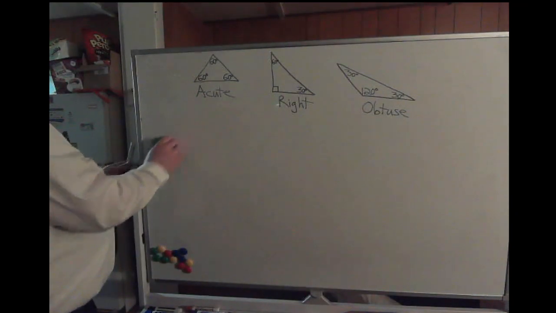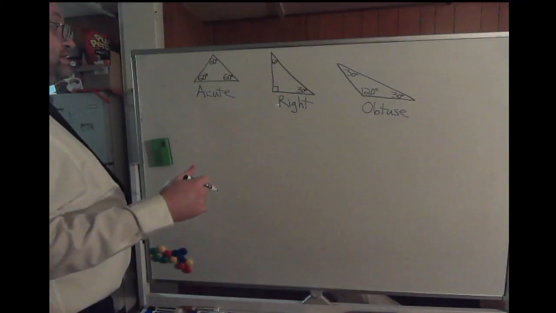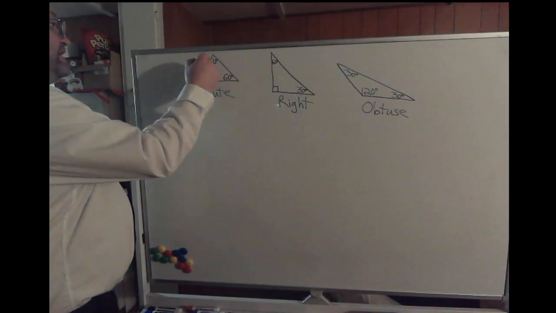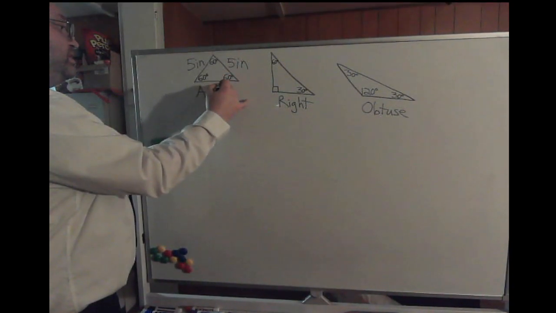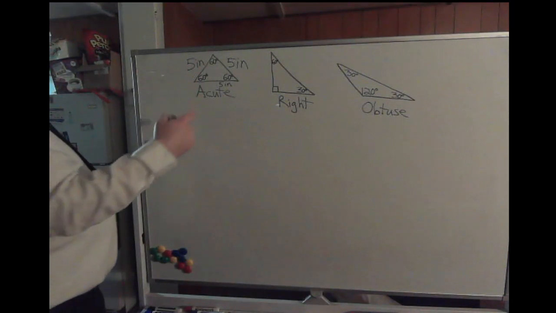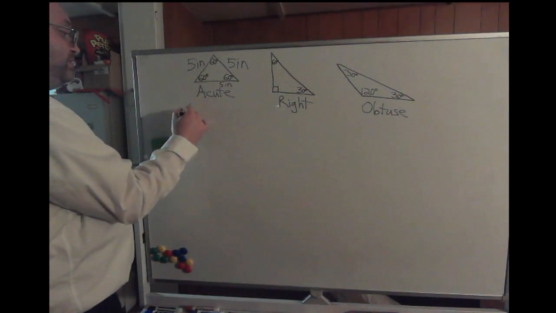Now, we can classify based on length and angles. So this acute triangle also happens to be an equilateral because all three sides have the same length.